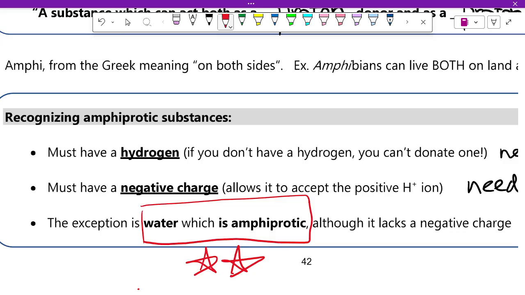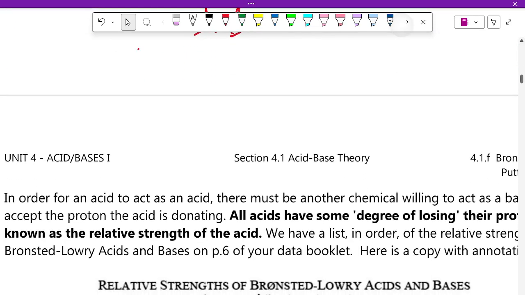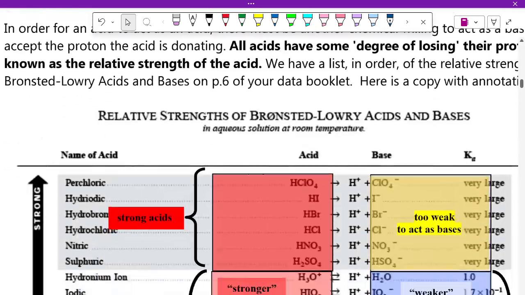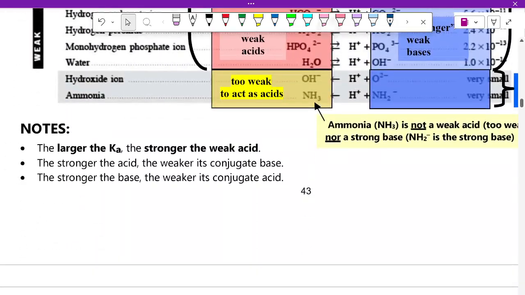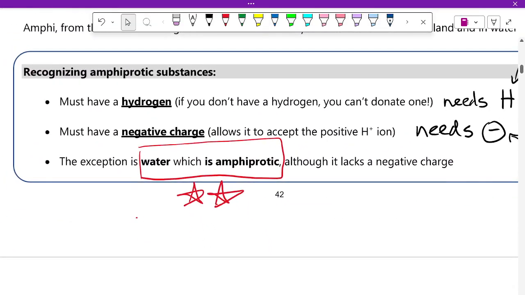I wonder if I have my second exception to that rule on the next page. Let's find out. If not, we'll come back here and we'll put our second exception. Nope. So we're going to put it up here, our second exception, and it's an exception in the other way.